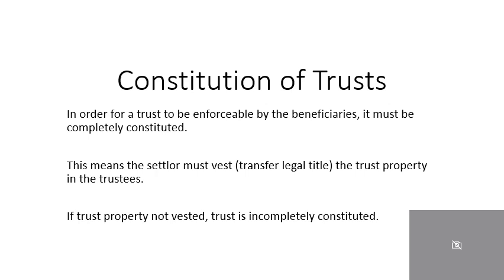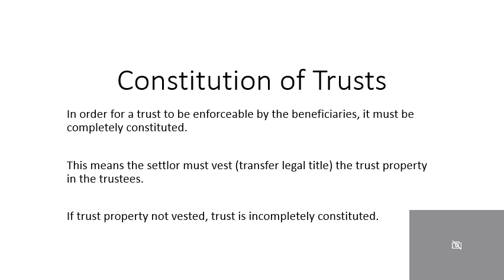Specific performance on whose part? On the settlor's part, that the settlor will do what he promised to do when he set up the trusts. But in order for the beneficiaries to be able to do that, the trust must first be completely constituted.